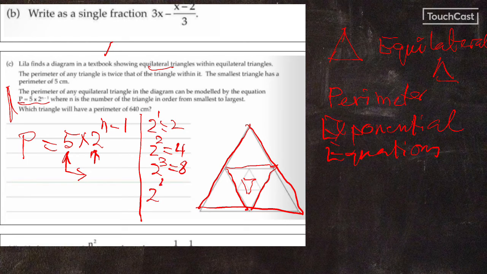2 to the power 4 is 16, and so on. And also you've got to review your understanding of the factor tree, like 216.